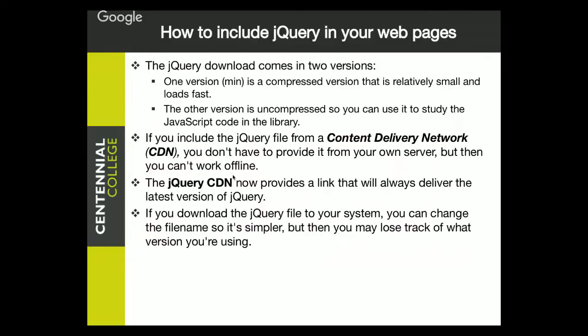So again, there's a couple ways to add jQuery. There's actually 3 ways now, and one of the things that I haven't updated in this PowerPoint, and I've got to put it out there for you guys to understand, is that the original ways were you can use the content delivery network. Well, we talked a little bit about that. We're going to talk about it in a second. The second way is direct into your code.